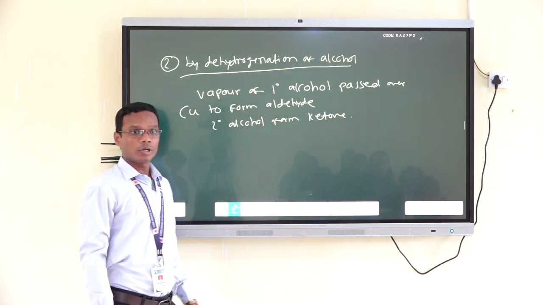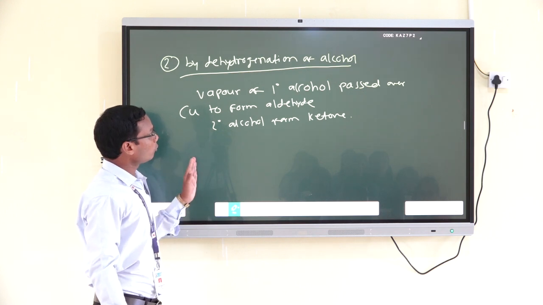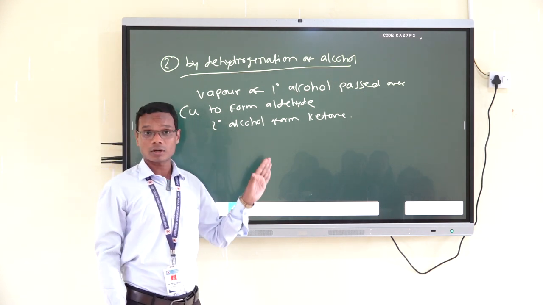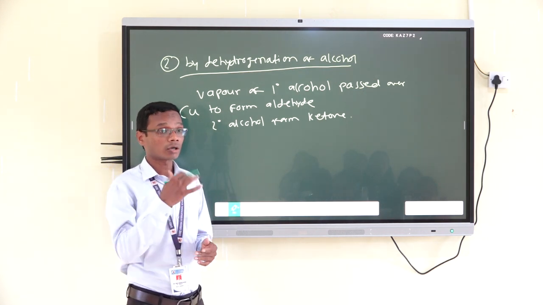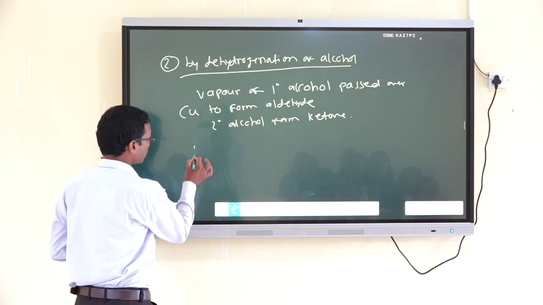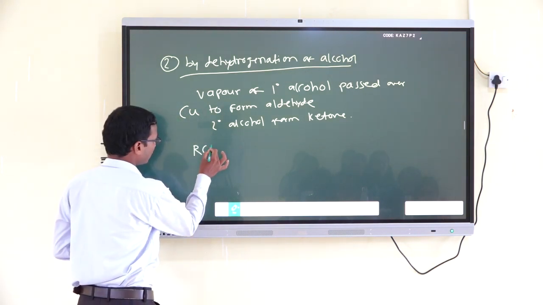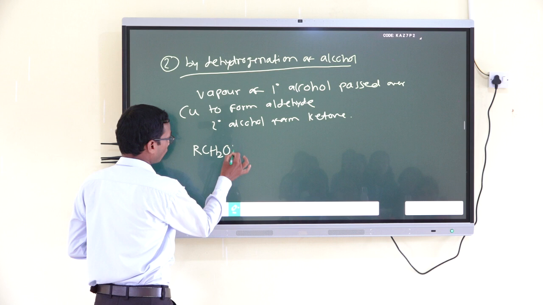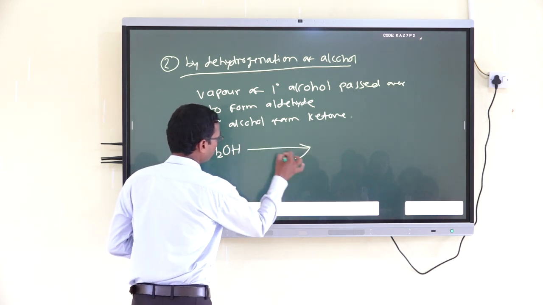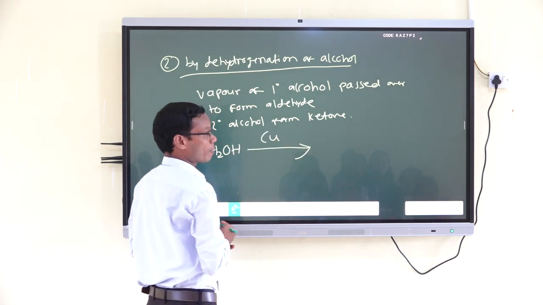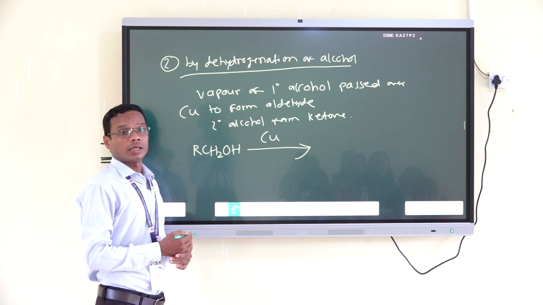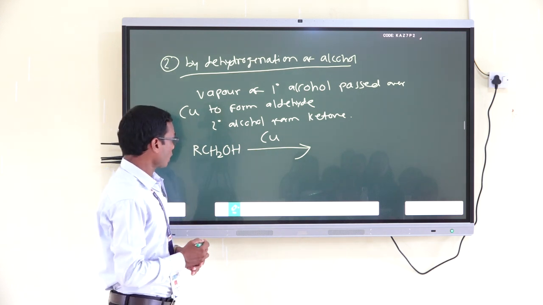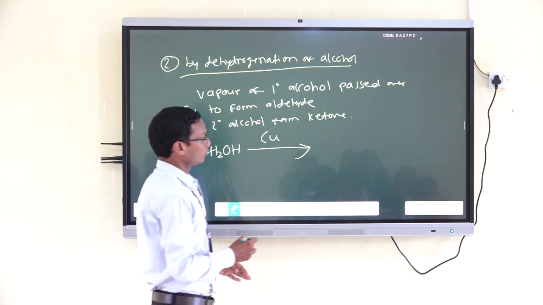Same reaction, but in this reaction we have to pass the vapor of primary alcohol over copper. That is the same reaction, RCH2OH. Here you have to take copper. That is a dehydrogenation reaction, hydrogen will be removed.